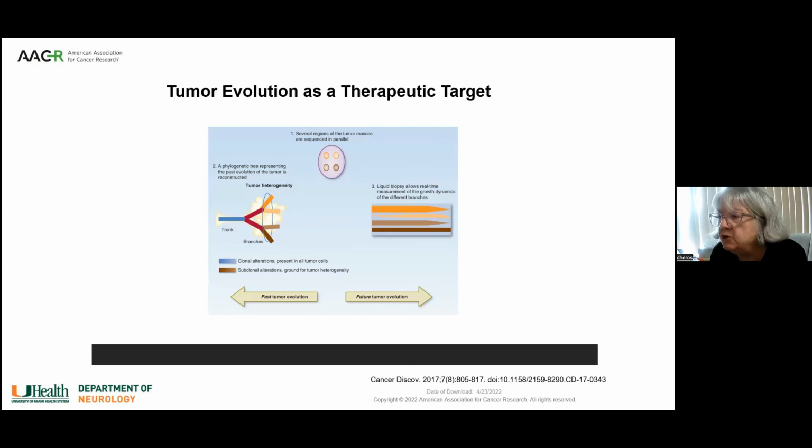The drawing on the left shows this initial tumor in blue, which is the trunk. And as time passes, there are subclonal populations within the tumor that develop DNA mutations. And these DNA mutations are what is responsible for resistance to treatment and recurrence.